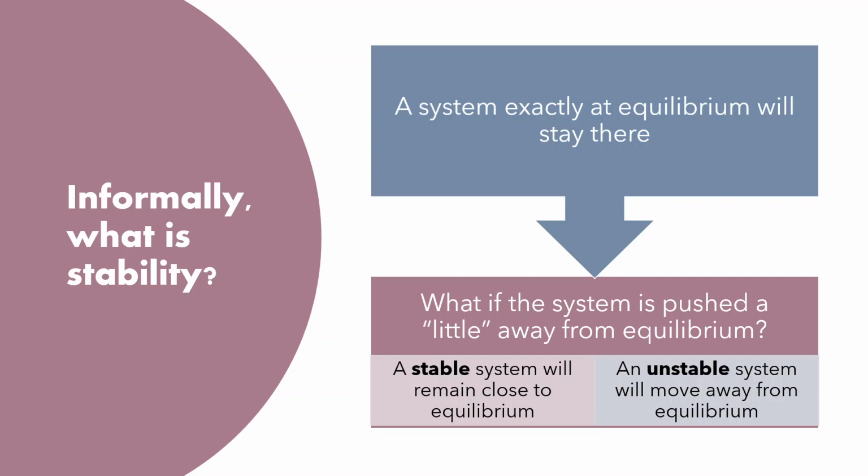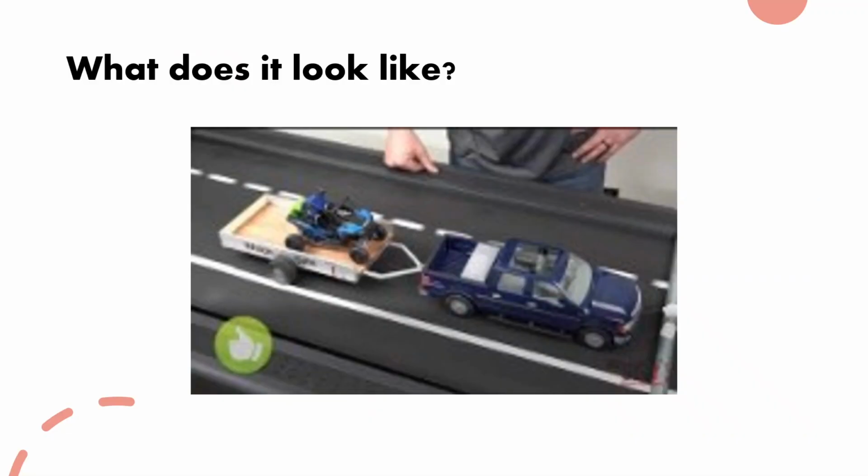Well, if it's stable, then that system is going to remain close to the equilibrium point. But an unstable system is going to move away from the equilibrium point. Now, we're going to formalize this towards the end of the lecture, but it's important to understand the fundamental difference is that if I have a stable system, then I don't have my system diverging away from this nice equilibrium point that I want it to be at.